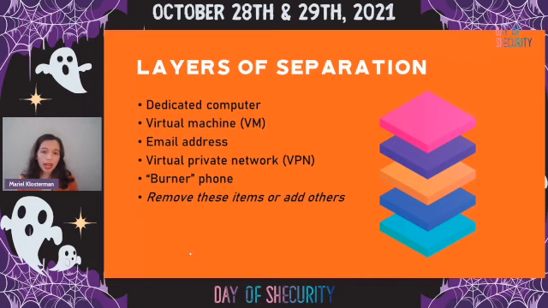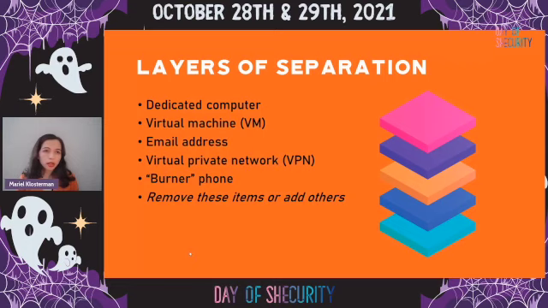So usually I have a dedicated computer, I have a virtual machine for the sock puppet, and then an email address for each single sock puppet, and then a VPN depending on, of course, how you want to set it up. And then depending on what you can get away with, you usually want a burner phone or a phone that is not connected to you that can serve as your sock puppet's phone.